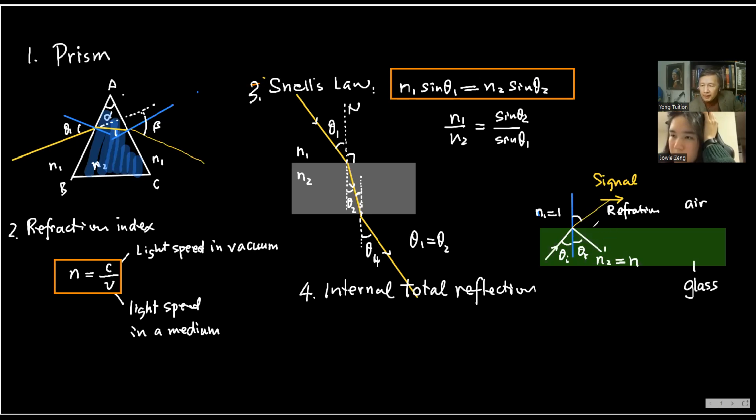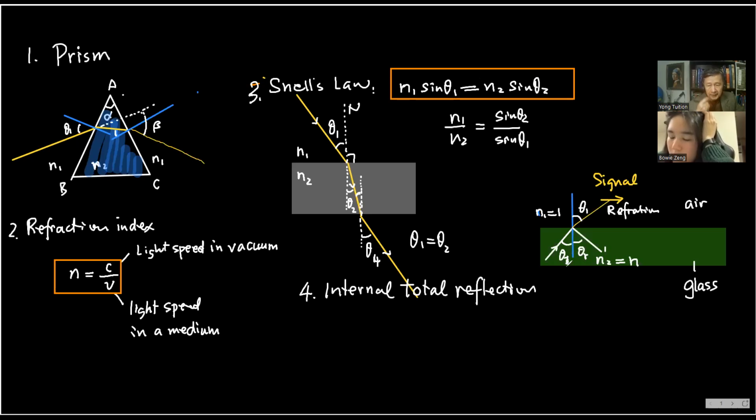But in this case, obviously, this angle is larger. In our notation, this angle must be larger. Can we call this angle 1? And this angle, we can call angle 2 if you wish.